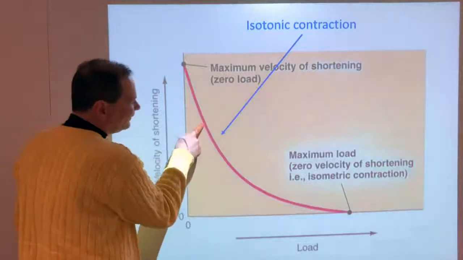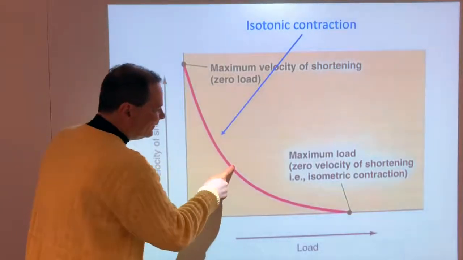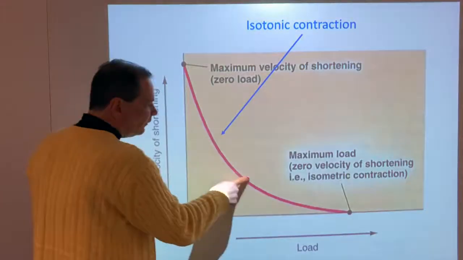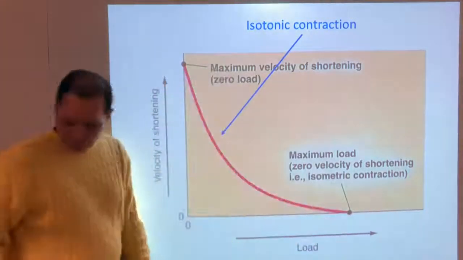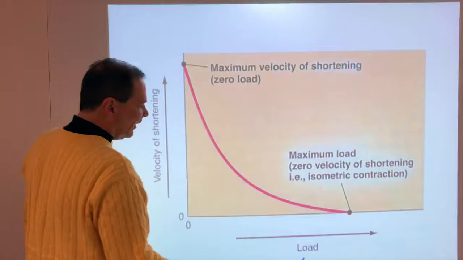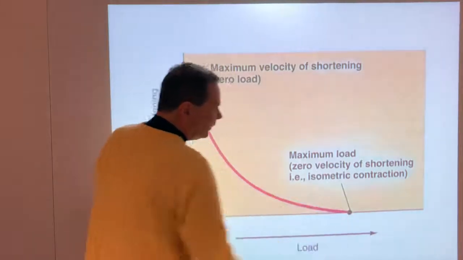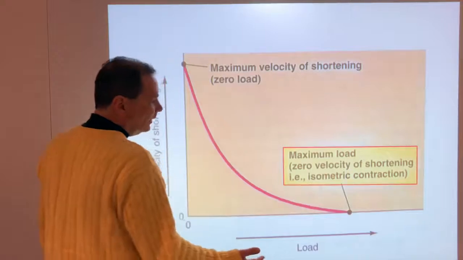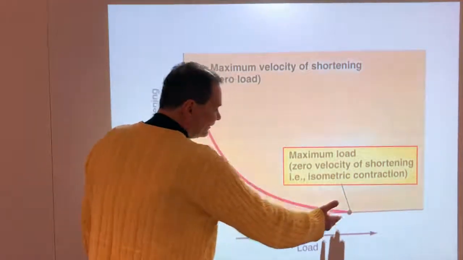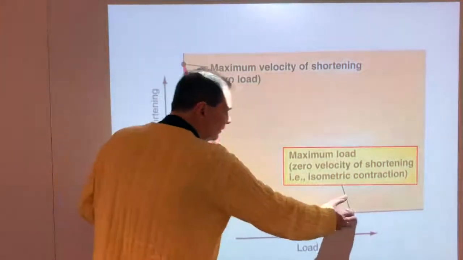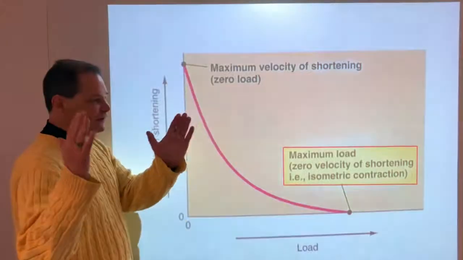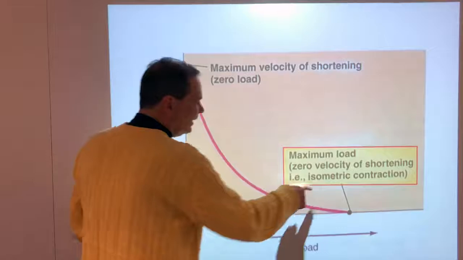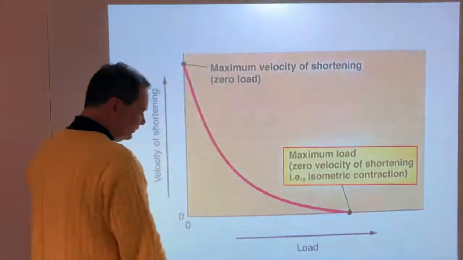And so my velocity of shortening decreases as the load on the muscle increases, until finally I get to this point. And this is a point where I put so much load on the muscle that it's no longer allowed to shorten at all. So now I'm stimulating this muscle fiber. It can't shorten at all because I put such a load on it, I'm holding it in place and not allowing it to shorten. This is what's called isometric contraction.